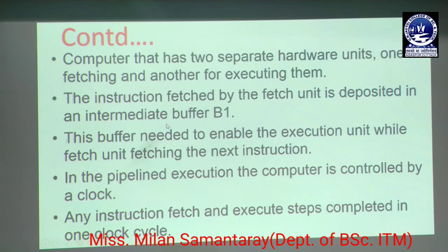And this buffer is needed to enable the execution unit to work while the fetch unit is fetching the next instruction. That means the instruction which is fetched by the fetch unit and is waiting for execution will be stored in this intermediate buffer. Okay. And then the fetch unit can go for another instruction.